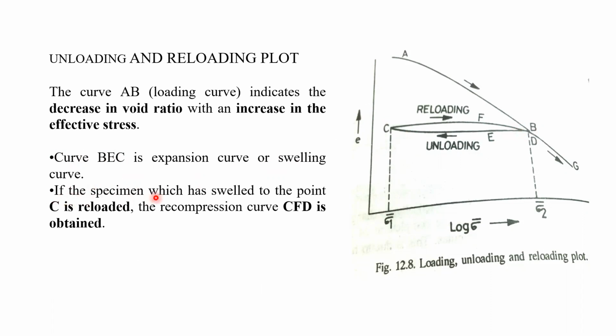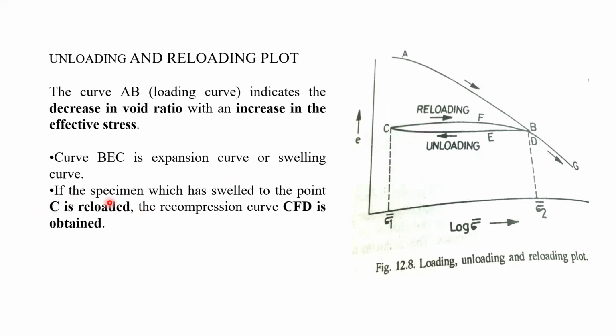Okay. If the specimen which has swelled to point C is reloaded, suppose the final expansion line is the CEB. So this is the final C point. Once you recompress it, reload it, see, this activity is also possible in the field, right? Or at the construction site.